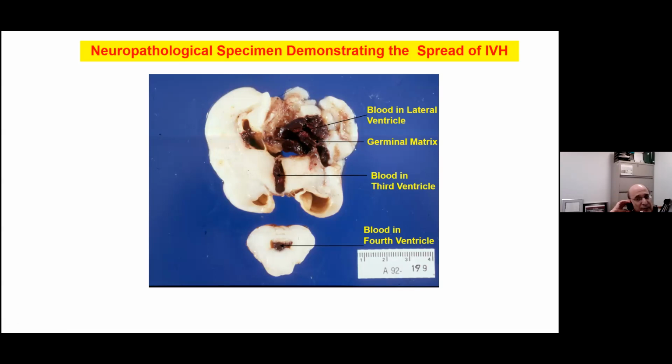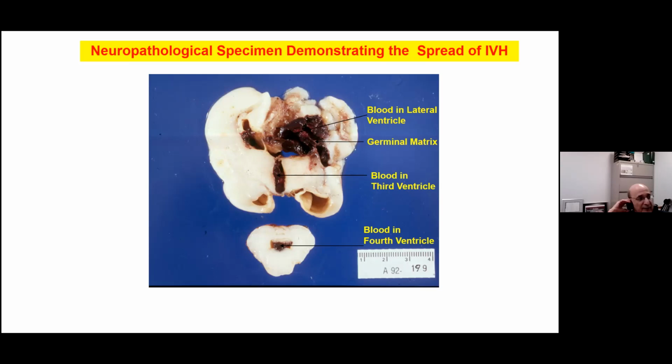Now, the original description or the grading of intraventricular hemorrhage was based on a paper in 1978 by Papile. It was a CT classification where they could better define the amount of blood in the ventricle, so that if it was a small amount of blood, approximately 20% of the ventricular volume, that was a grade 2.